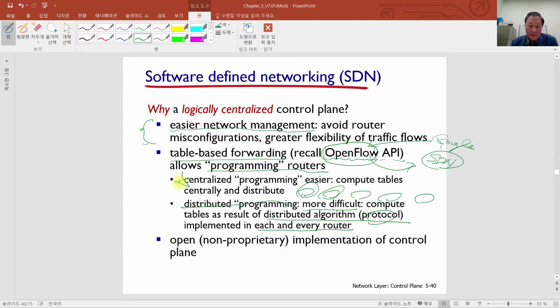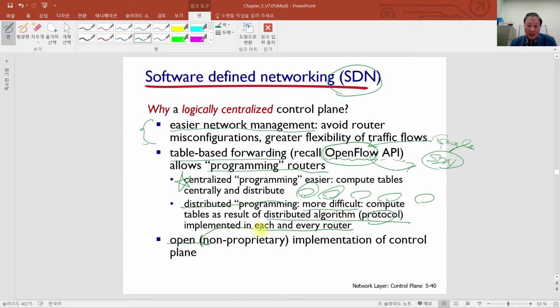Thus, this scheme will be simply applicable based on this SDN, and that is logically centralized. And we can implement based on the standardization, and that is called open implementation of the control plane.